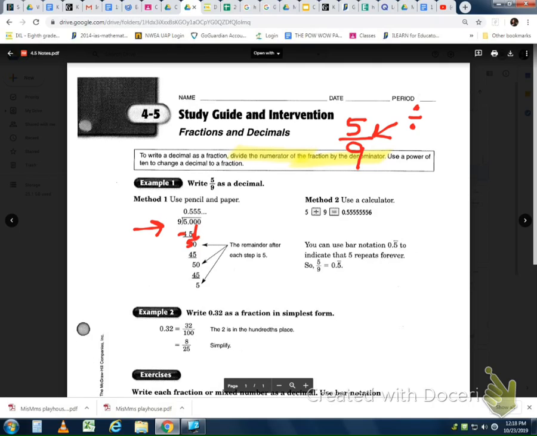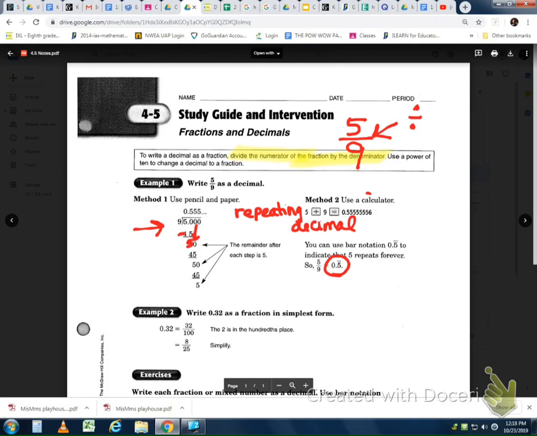That is called a repeating decimal, and the way that you show it is with a repeating bar. So it is 0.5, and you put the bar over the 5.